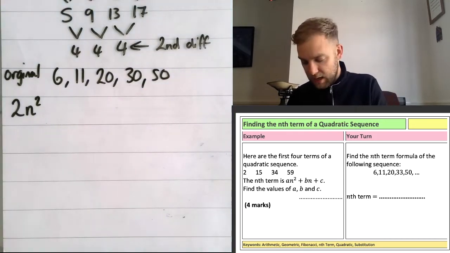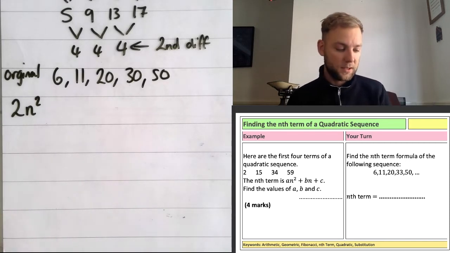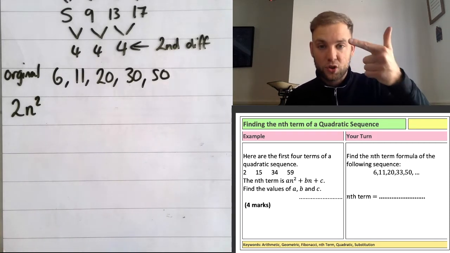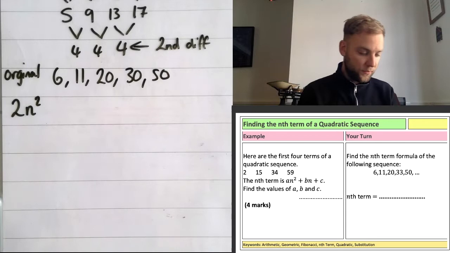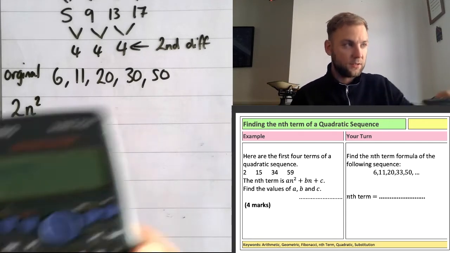So with this one here, remember, if it's non-calculator, you do the squared first, then times by 2. And we're subbing in 1, then 2, then 3, then 4. So the first one is 2 bracket 1 times all squared, just like so.